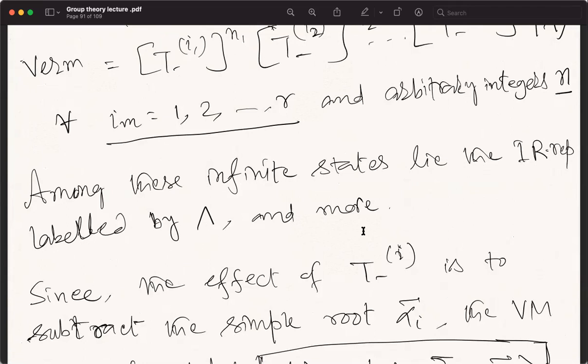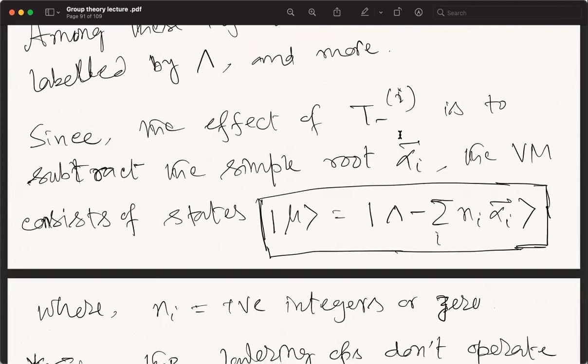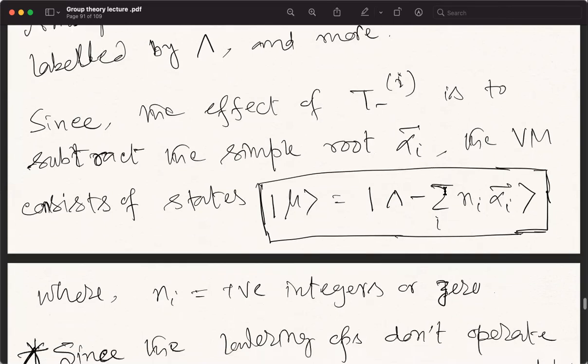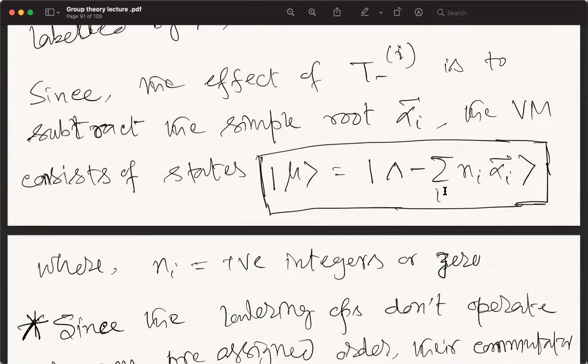Since the effect of t minus I is to subtract the simple root alpha I, the Verma module consists of states like mu, which is basically lambda minus the sum of ni alpha I. The ni is how many times it is acting, so every time you subtract alpha I. If you act n1 times, you get n1 alpha 1, n2 alpha 2, and so on, and that gives you the Verma module states.